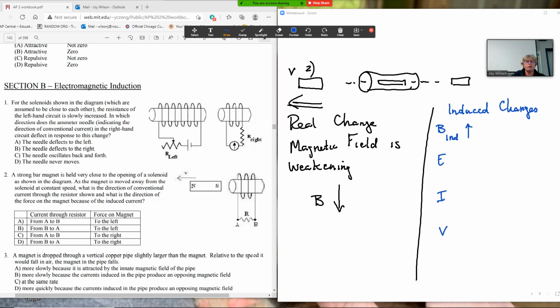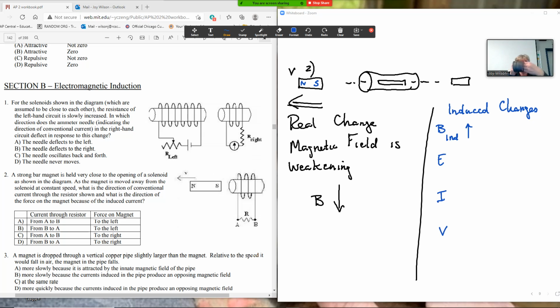So if my magnetic field, so this was north and this was south, how do I figure what happens with everybody else? Magnetic field weakening. I have to do what it's already doing. So I have to go north to south. My fingers point north to south.